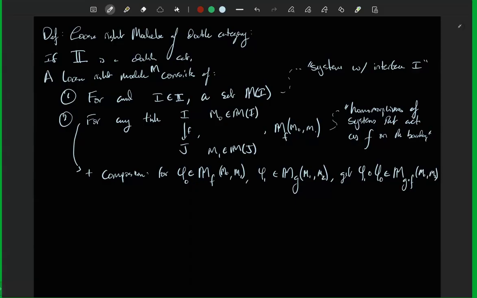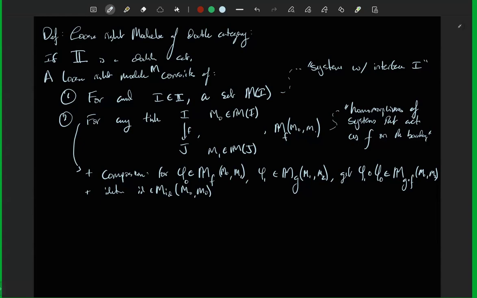So the idea is that we can compose morphisms of systems and identity. The identity of a system M naught acts as the identity on its boundary. So we can compose homomorphisms of systems, and when we do that, we compose how they act on their boundary.